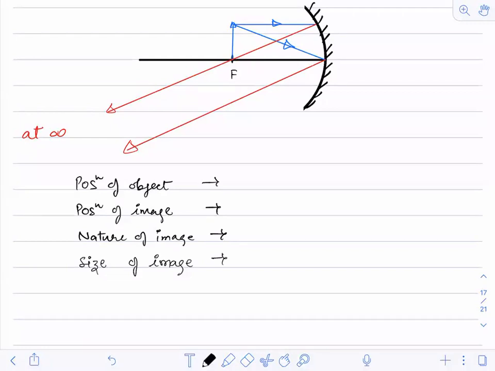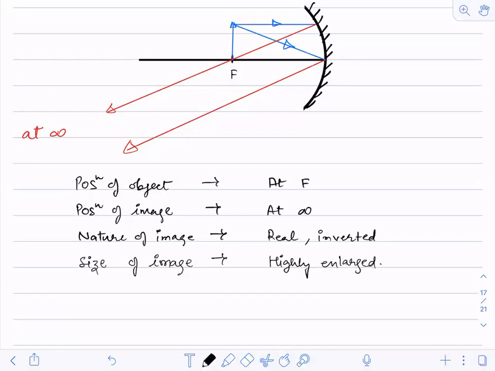Yes, the object is at focus F, the position of the image is at infinity. We are assuming that it will meet very far. The nature of the image is real and inverted. The size of the image is highly enlarged. So this is how you will get it.